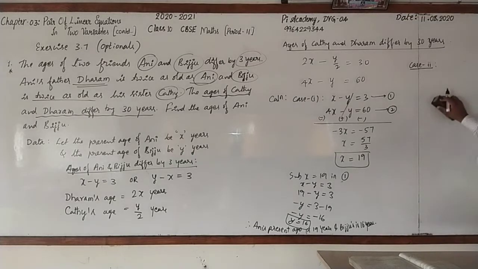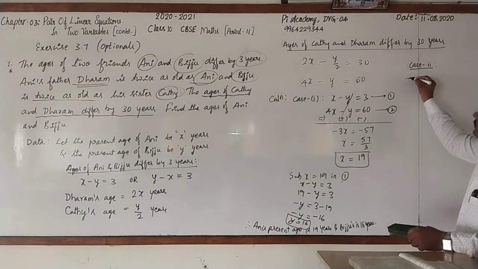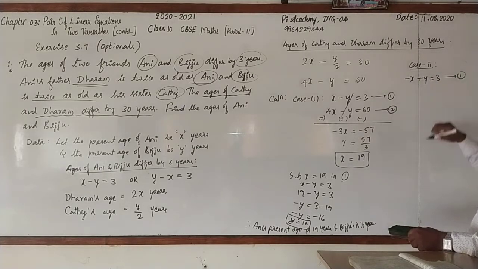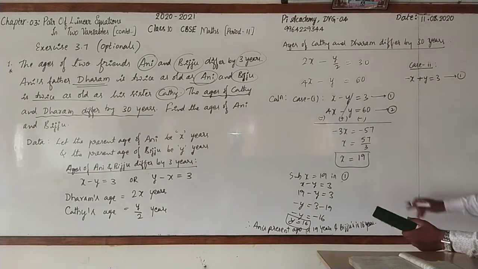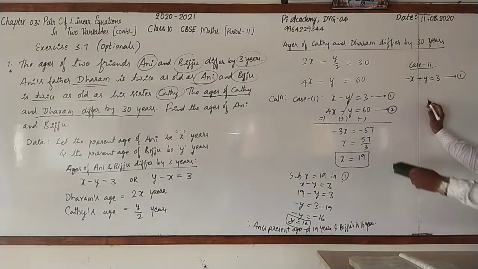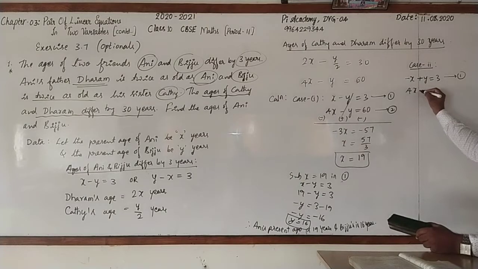Here okay. Minus x plus y equal to 3. You may call this equation 1. And another equation, the second equation, is 4x minus y equal to 60.